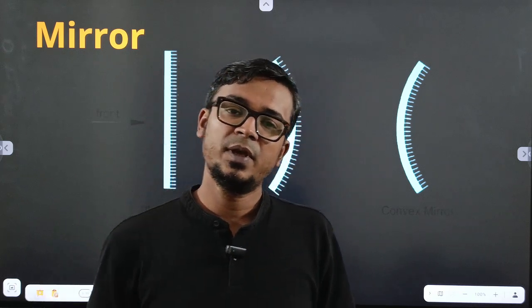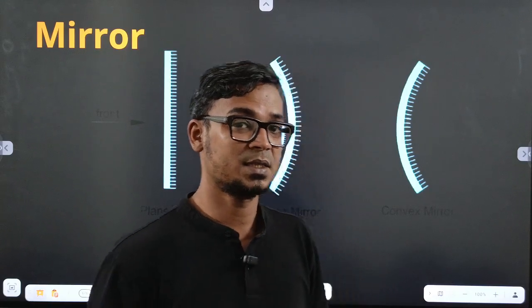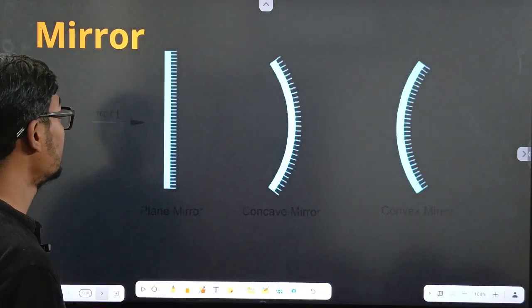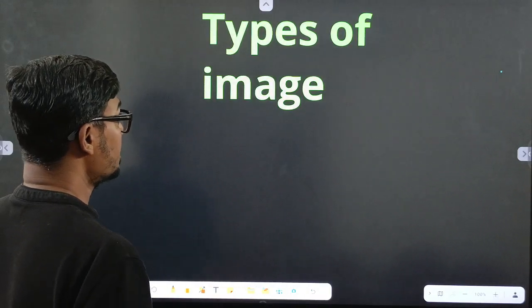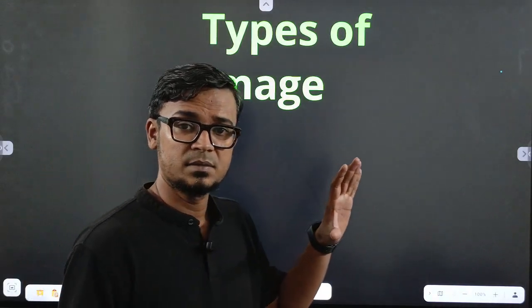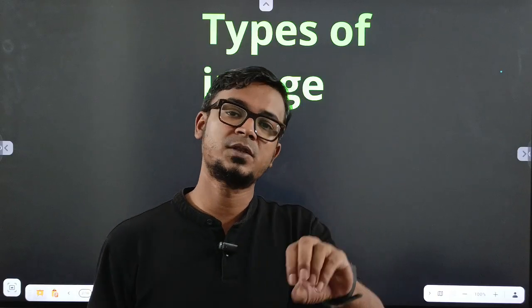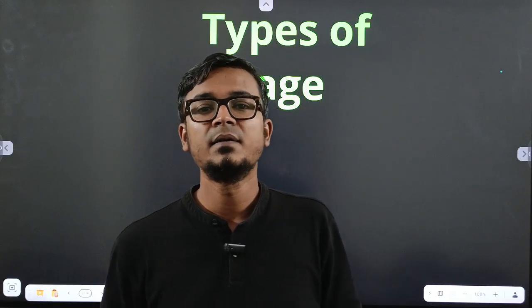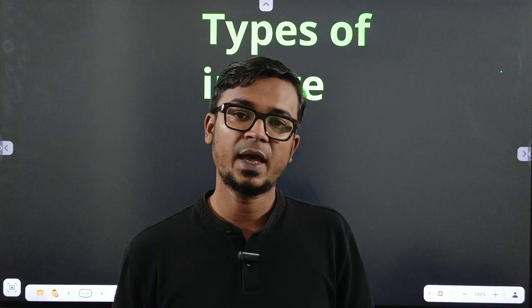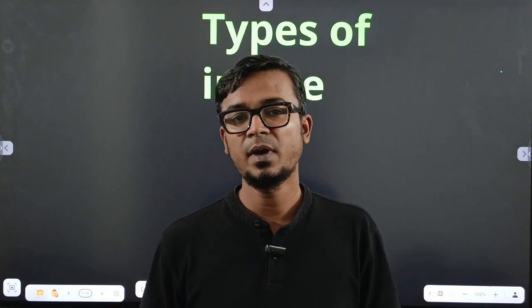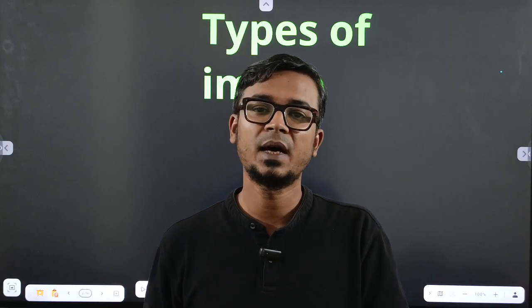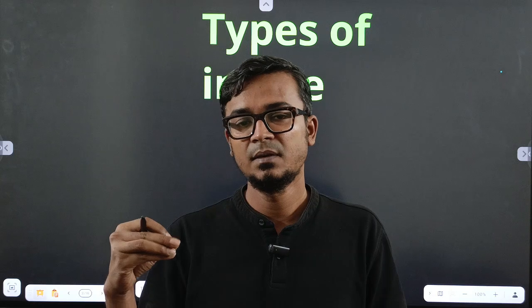Okay, so if you want to know about a mirror, first of all you have to know about the image. What is an image? There are two types of image: real image and virtual image. When the image of an object forms on the same side as the incident light, that is called a real image.